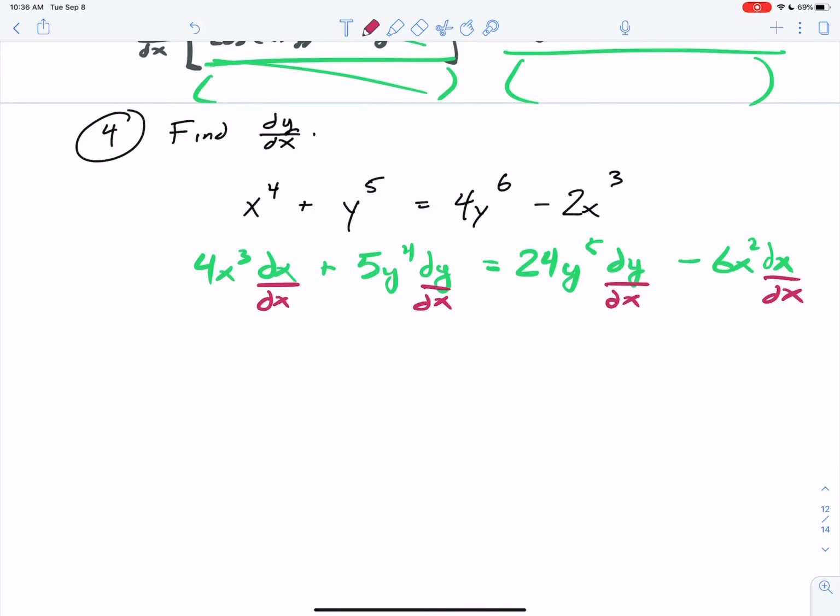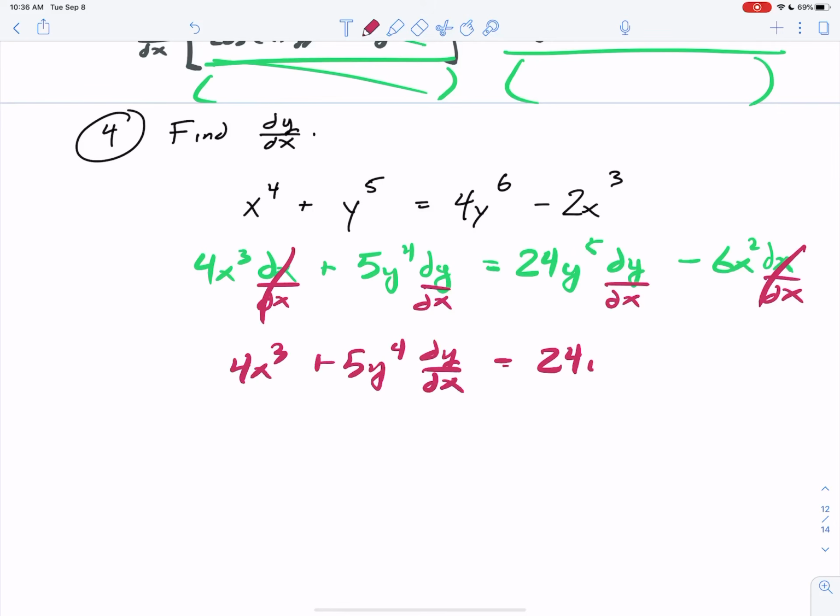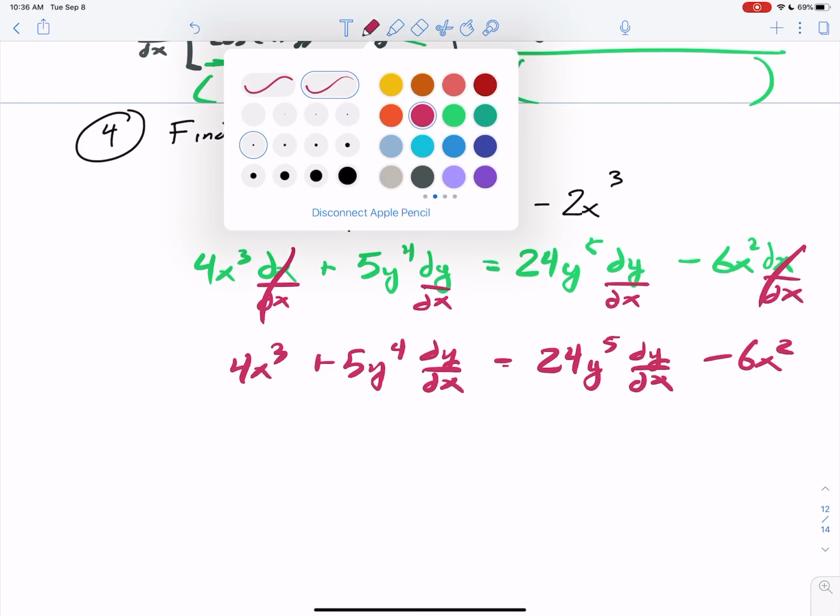So please follow it, okay? The dx's are going to go away. I have 4x cubed plus 5y to the fourth dy dx equals 24y to the fifth dy dx minus 6x squared.